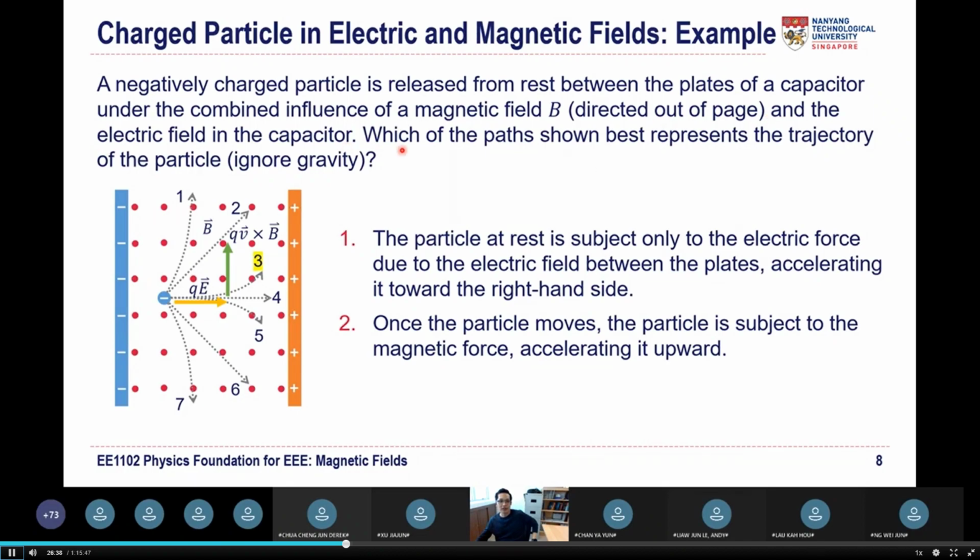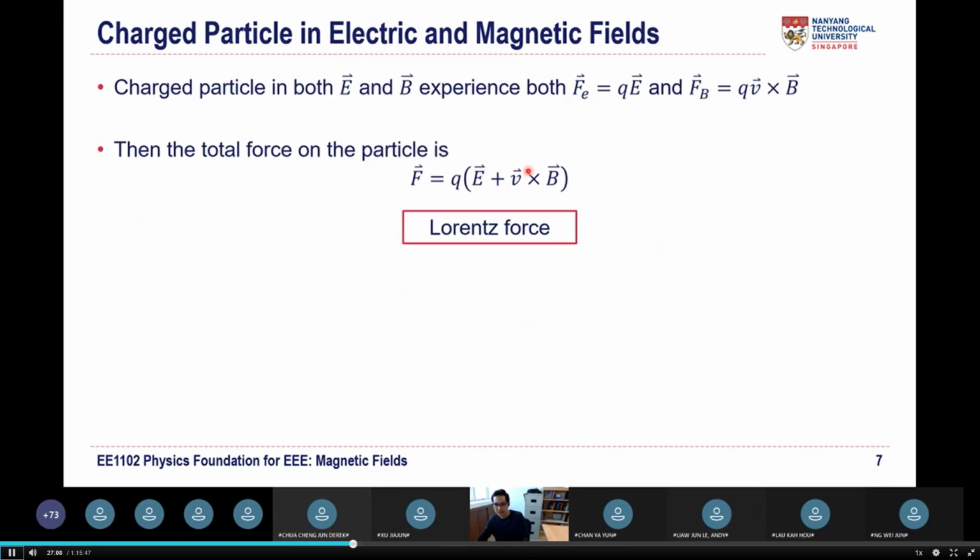And the electric field in the capacitor, which of the paths shown best represents the trajectory of the particle? So we need to ignore gravity. It says the charged particle is released from rest, so it's not moving initially. When it's not moving, do we have any magnetic force acting on the particle? No, because when it is at rest, V is 0, so that term is going to be 0.